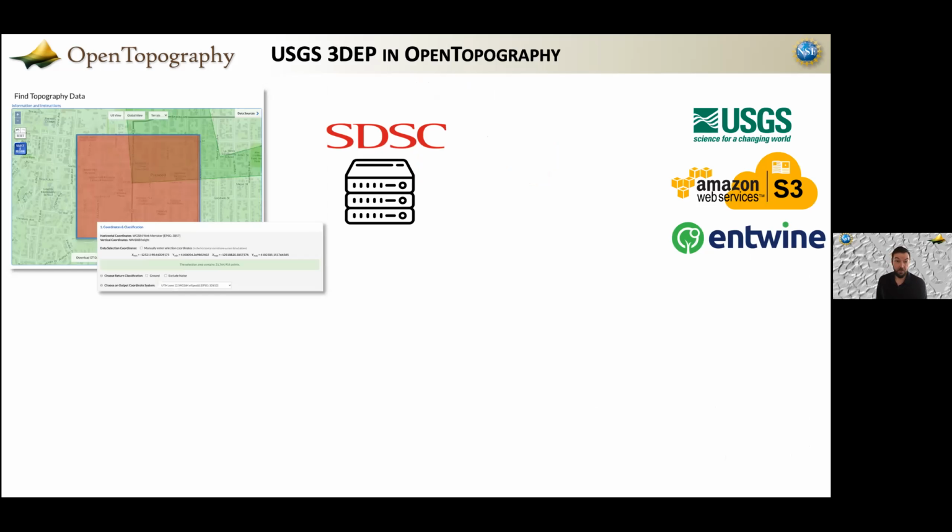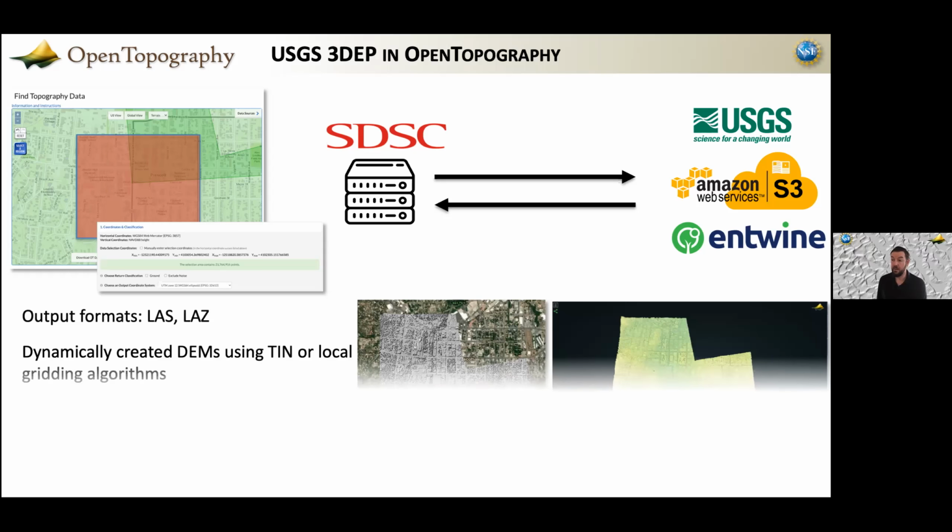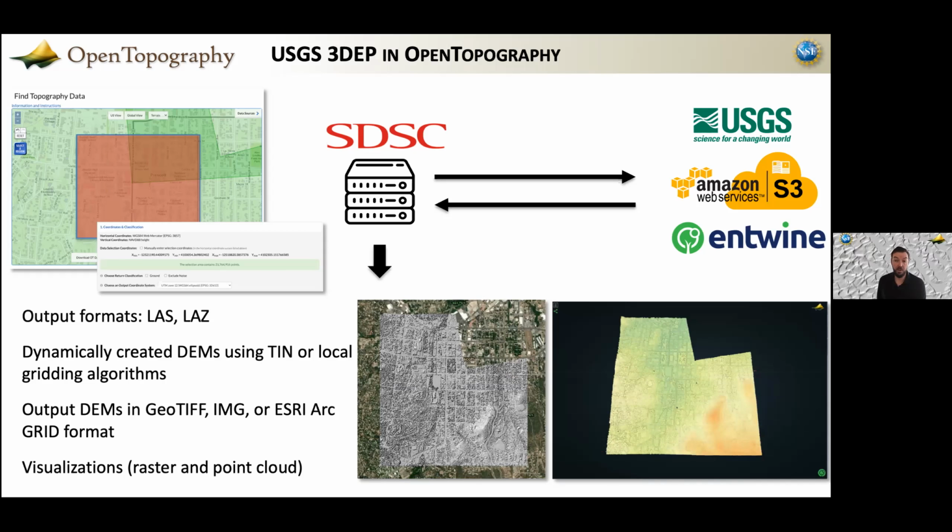So here's a cartoon of how this works, and then Matt's going to show it to you in the real world. Basically, you interact with OpenTopo through the browser. Those machines are in San Diego at the San Diego Supercomputer Center. When you make a selection on one of the 3DEP data sets, we go out to the Amazon resource, extract the clipped piece of data that we need, bring it back, and pass it through the existing OpenTopo processing tools.